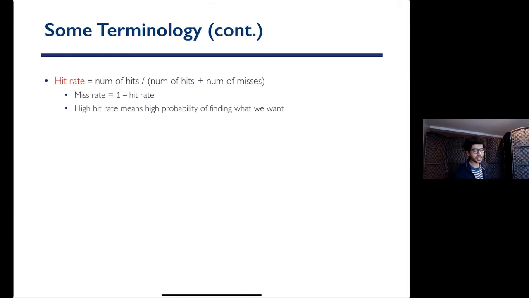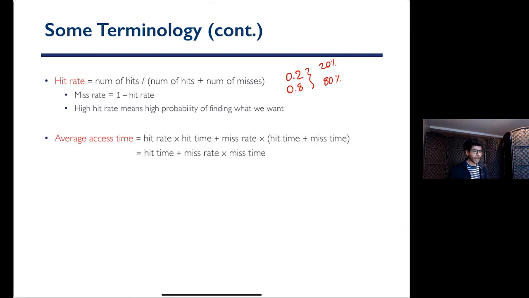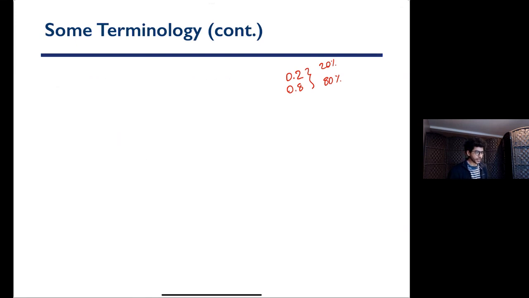So if my hit rate is 0.2, then my miss rate is 0.8. An interpretation of this is that 20% of the time I hit in the cache, and 80% of the time I'm going to miss in the cache. So I'm going to go to the cache and I'm not going to find the data that I was looking for.